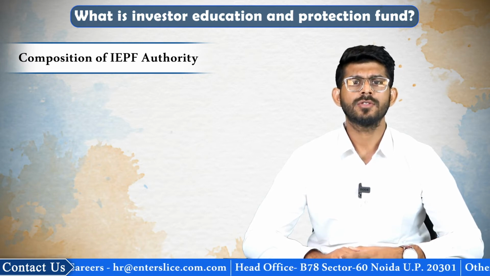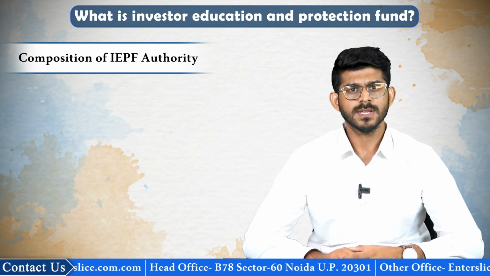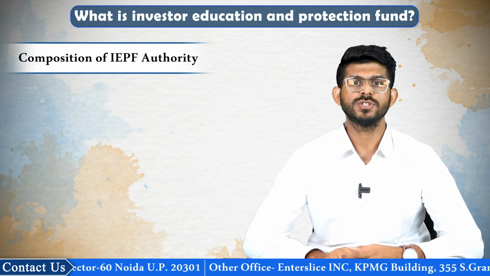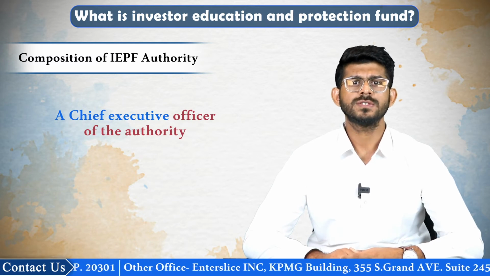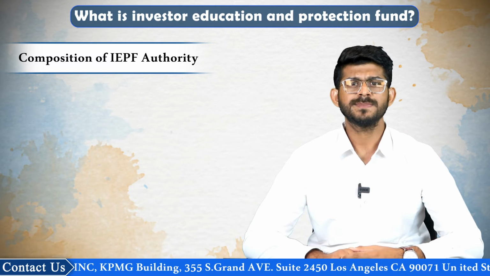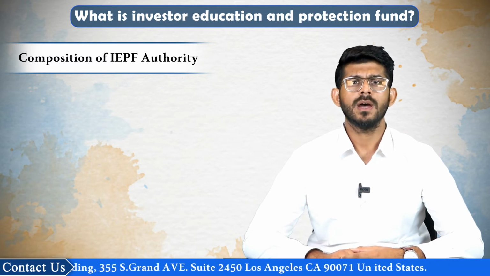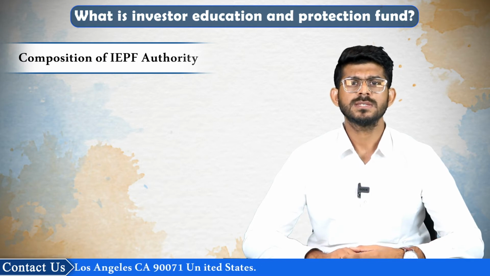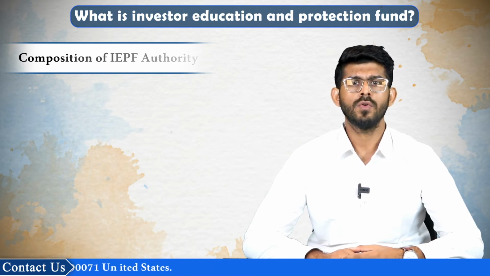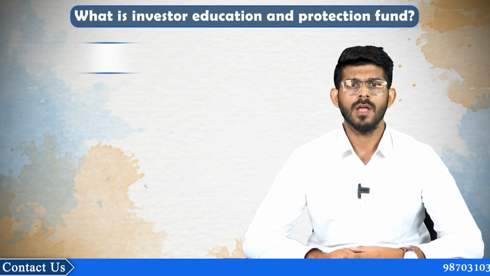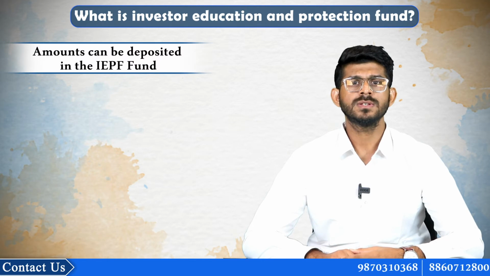It states that the authority shall consist of a chairperson who will be the secretary of the Ministry of Corporate Affairs and act as ex officio chairperson, a chief executive officer of the authority who shall be appointed by the central government, and other 6 members who will be nominated by RBI and SEBI, out of which 4 persons shall possess special knowledge and experience of not less than 15 years in the field of law, accountancy and finance.